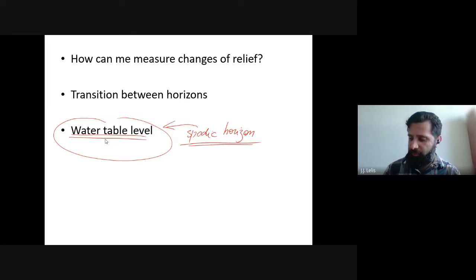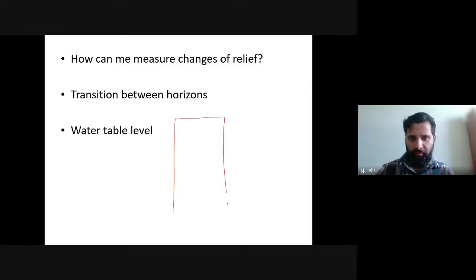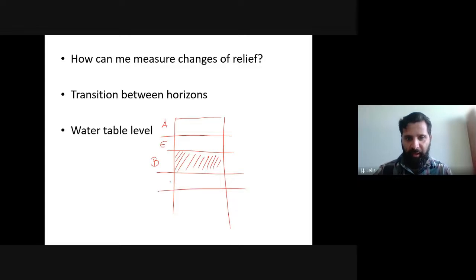Okay, so if we could describe a soil with different spodic horizons, like here it's an A horizon, an E horizon, and here we have a B, a spodic horizon, and now we have an A horizon, and again we have another B horizon, a spodic horizon.